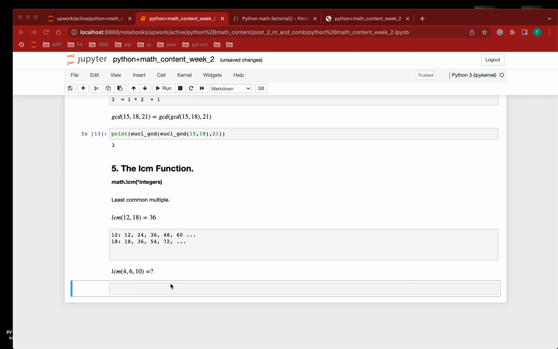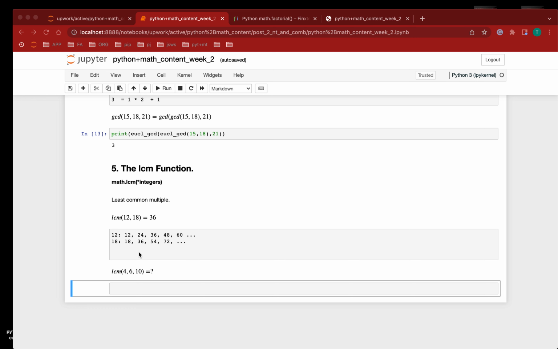So what is the least common multiple? Well, as its name suggests, it is the smallest number that is divisible by the 2 or more given numbers. Let's look at an example. So what is the LCM of 12 and 18?